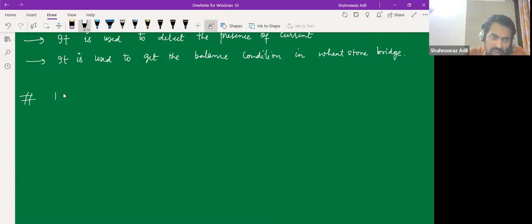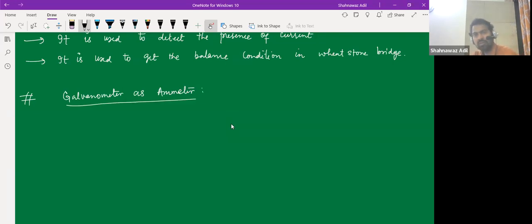Now it can also be used as an ammeter, or we should write it as construction of ammeter from galvanometer. This is the more correct way to say it, because we cannot use a galvanometer directly as an ammeter, right?